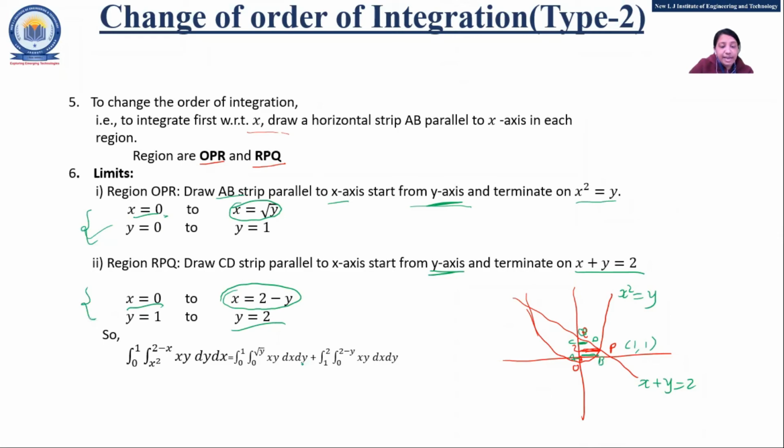So what can we write here? This is given. Now again it will be divided into two parts, right? OPR and RPQ. So first you write it down for OPR. You can see the limits: 0 to 1, 0 to root y, plus 1 to 2, 0 to 2 minus y, xy dx dy.